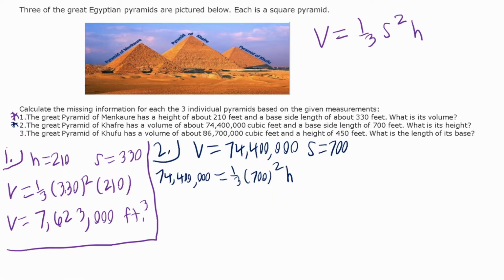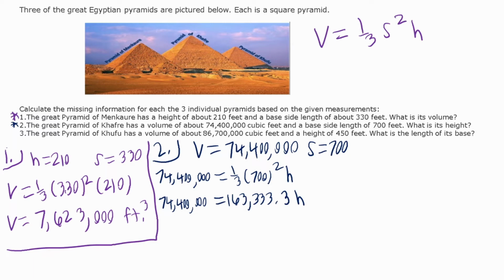So in my decimals calculator, I need to do 1/3 times 700 squared. Right? And that's going to give me 74,400,000 equals 163,333.3, we're going to round this. And now we just divide both sides.